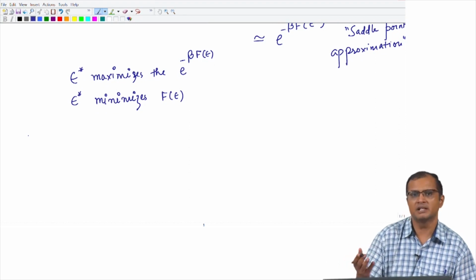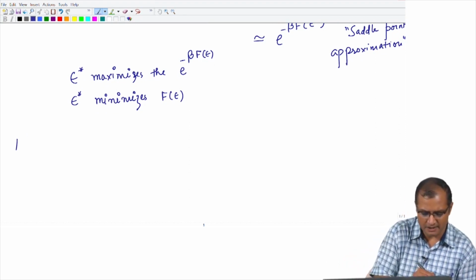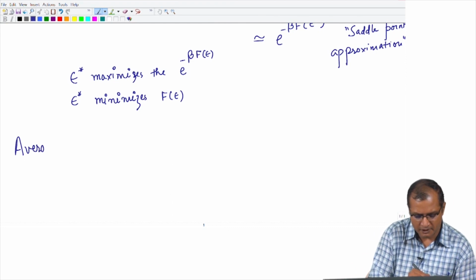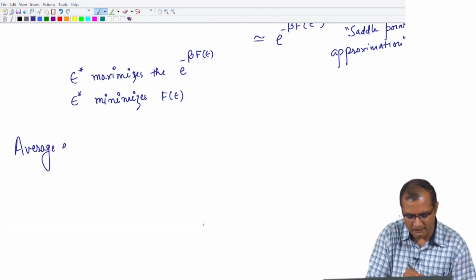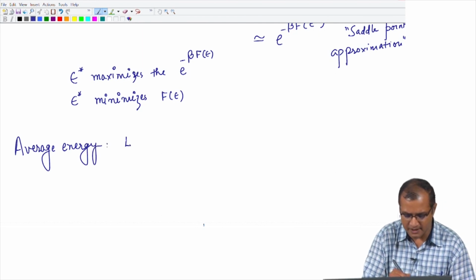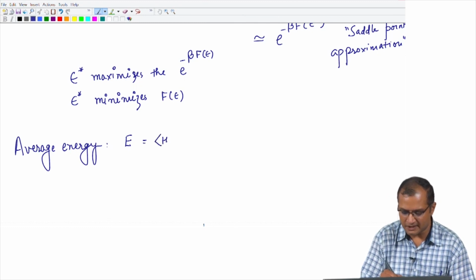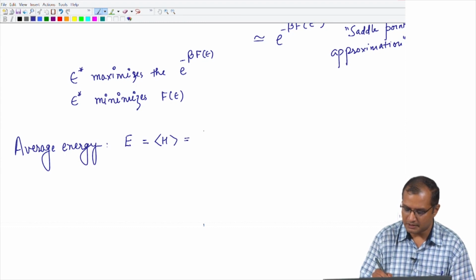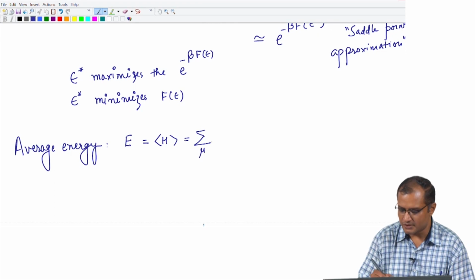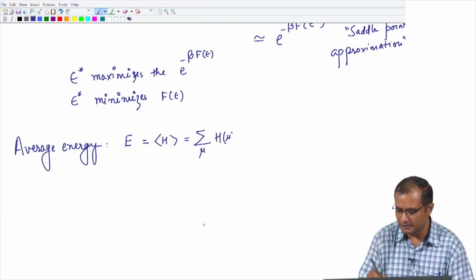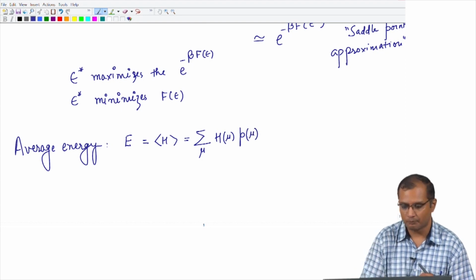The simplest quantity in thermodynamics is the average energy. So, why not compute something that is the easiest? So, the average energy, I will say it is E, is nothing but the expectation value of the Hamiltonian, and that can be computed by simply the average of my Hamiltonian weighed with the probability P of mu.